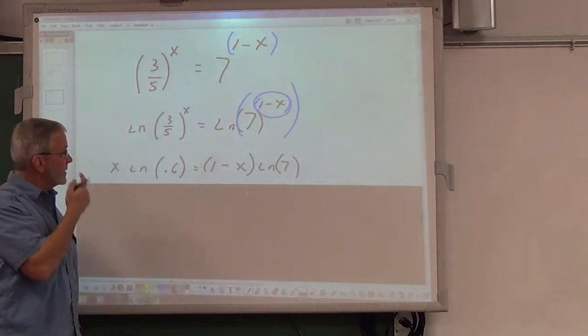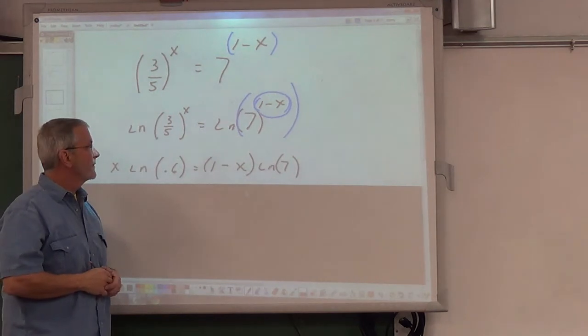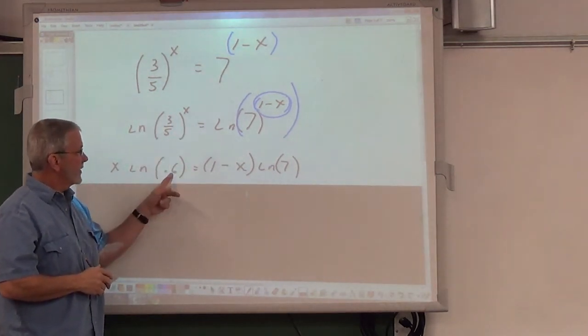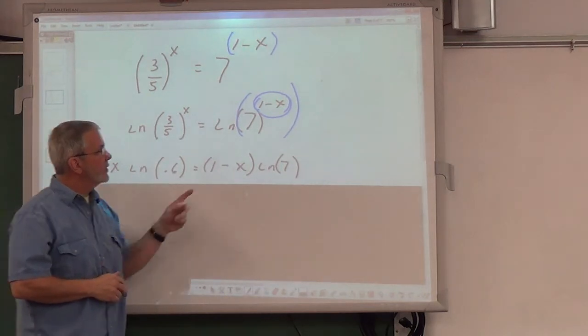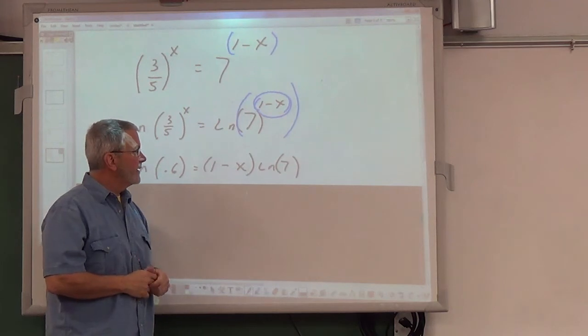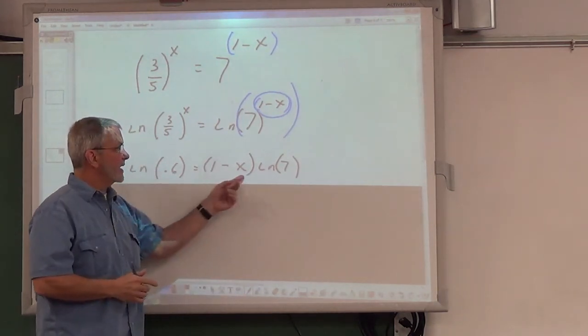It's going to be nice and easy if I just write 3/5 as 6/10. And so now I have x times ln of 3/5, or 6/10, is equal to this whole creature right here, 1 minus x times ln of 7. And now my object is to solve for x.